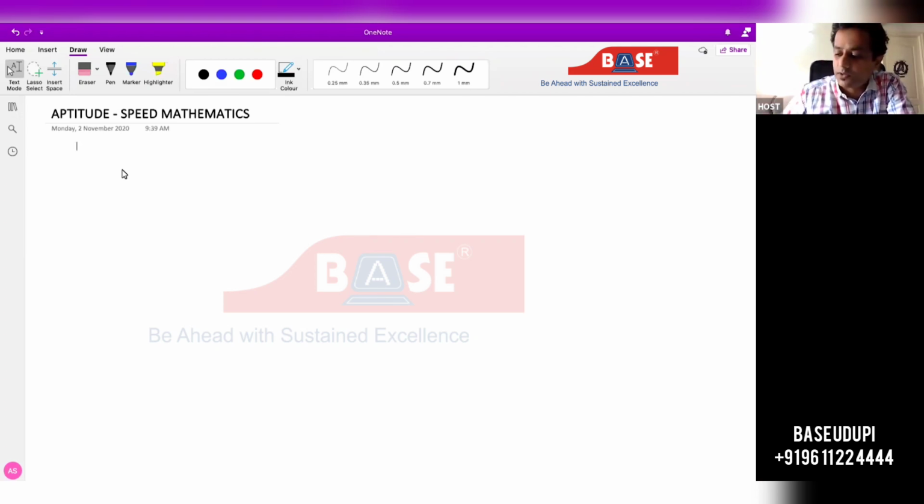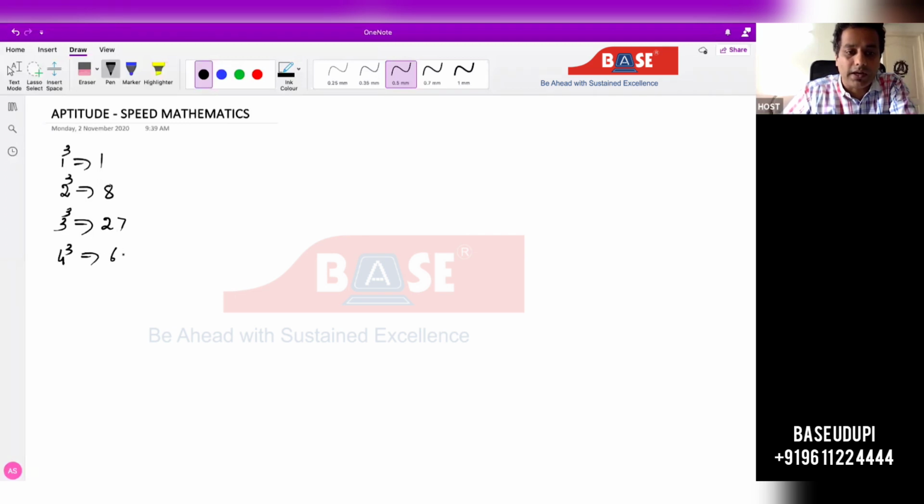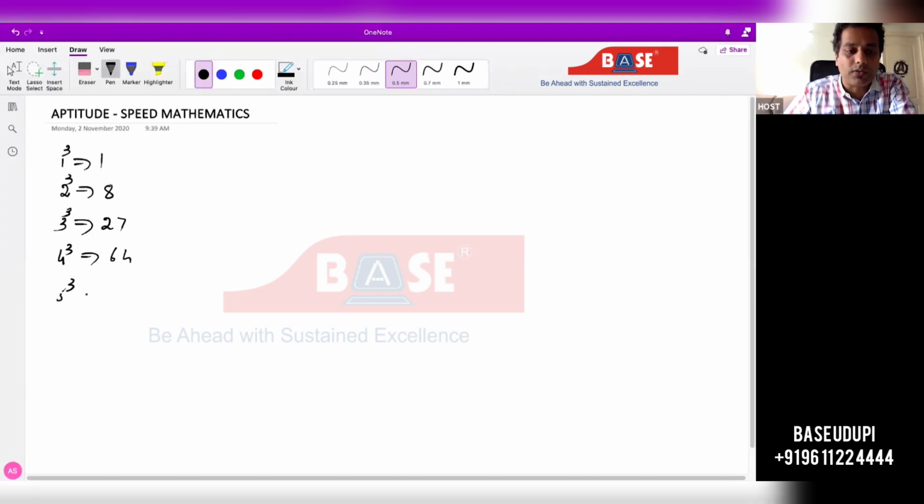All right. So first, what we need to know is what 1 cube, 2 cube, up to 9 cube ends with. Okay, 1 cube is 1, 2 cube is 8, that ends with 8 obviously. 3 cube is 27 but ends with 7. 4 cube is 64, ends with 4. 5 cube is 125, ends with 5. 6 cube is 216, ends with 6. 7 cube is 343, ends with 3.